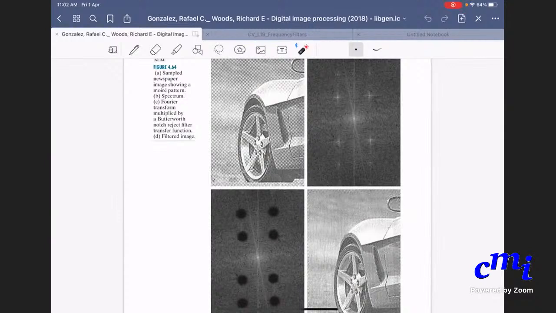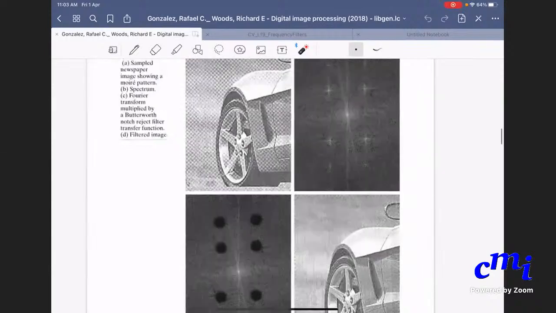Now this is one of the rare examples where one can actually clearly explain how you can do processing in this domain and obtain an image result like this. Otherwise it is very difficult to just look at the spectrum and say what the entities in the spectrum correspond to in the image.